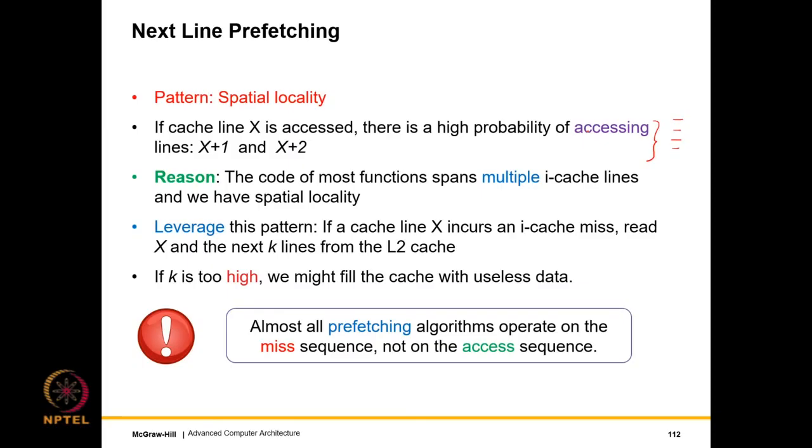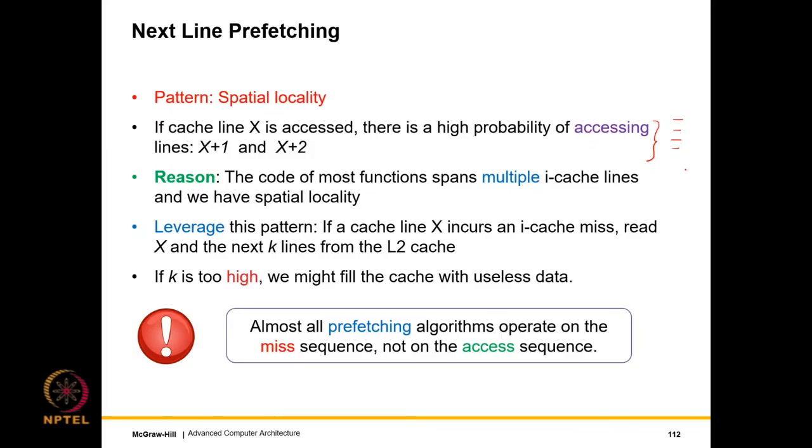How do we leverage this pattern? Well, if a cache line X incurs an iCache miss, then we would read X and the next K lines from the L2 cache.